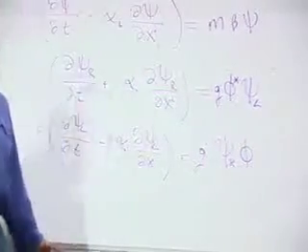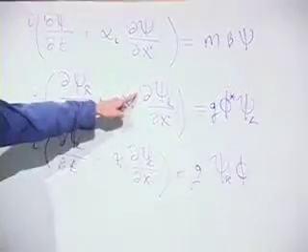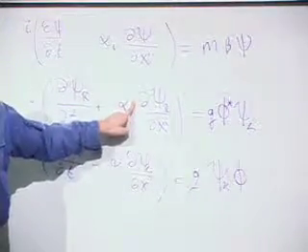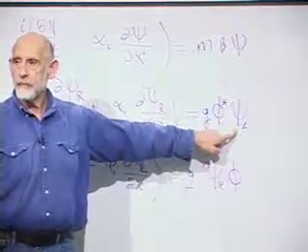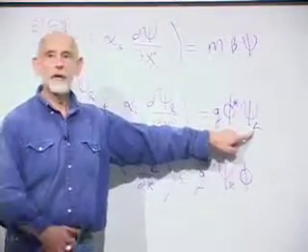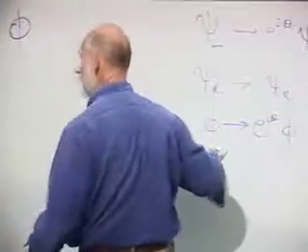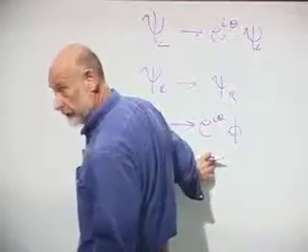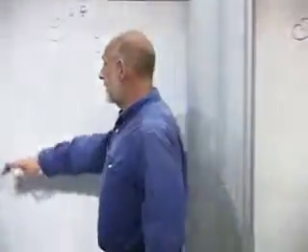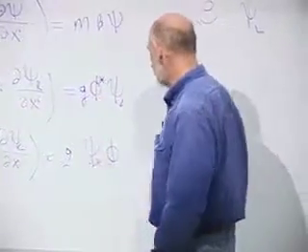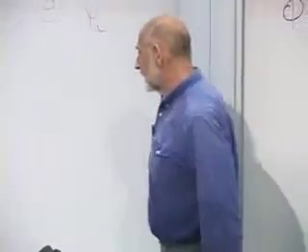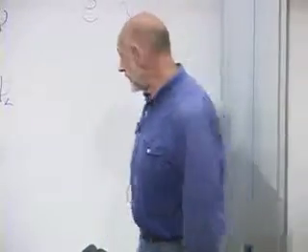Is this legal now? This one doesn't transform at all, right? What about this? Psi left gets a phase, but phi star gets the opposite phase. So we haven't violated the U1 symmetry. How about this one? Yes, it is good.